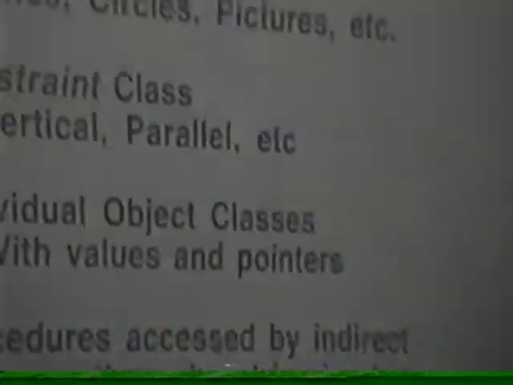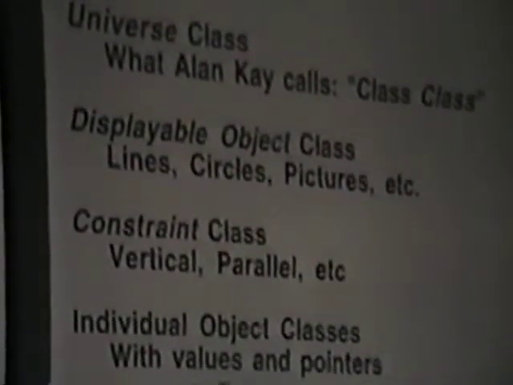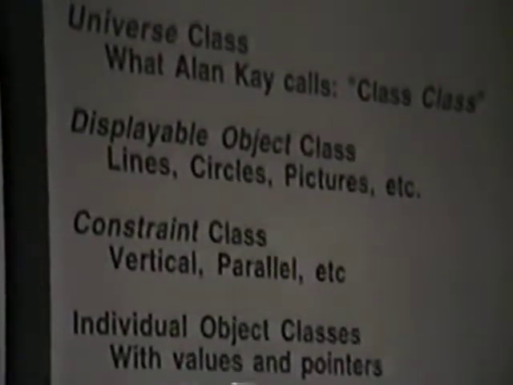And then there was an object which represented the class of displayable objects. It was the objects in the universe. And sub-objects to it were lines, circles, pictures, and so on. One of the obvious things it seemed to me to do was, I had all this code that had to go around a picture and display all of the things that were in the picture.